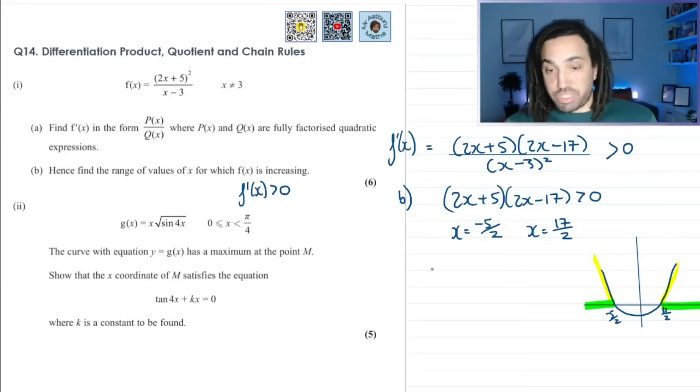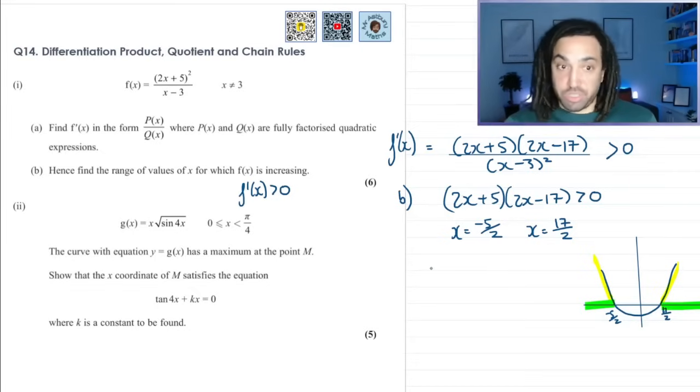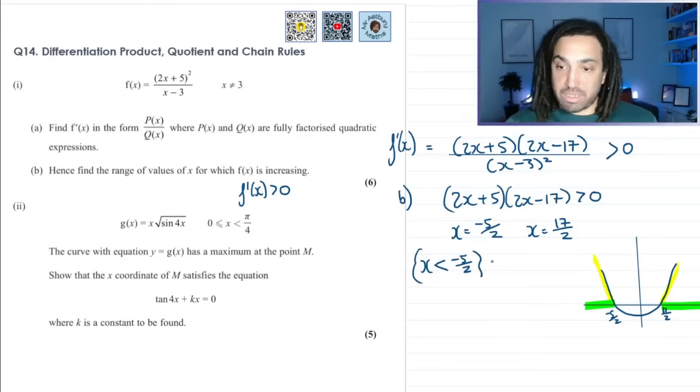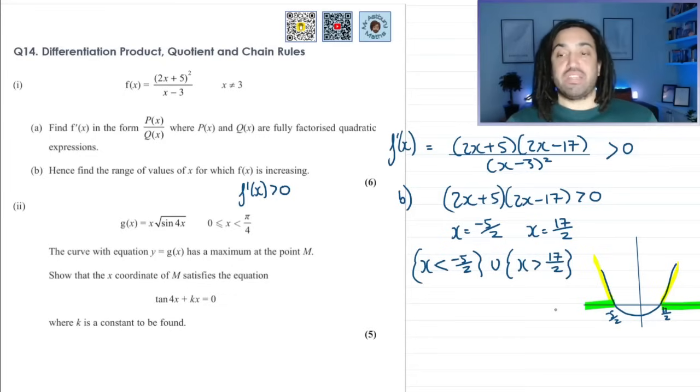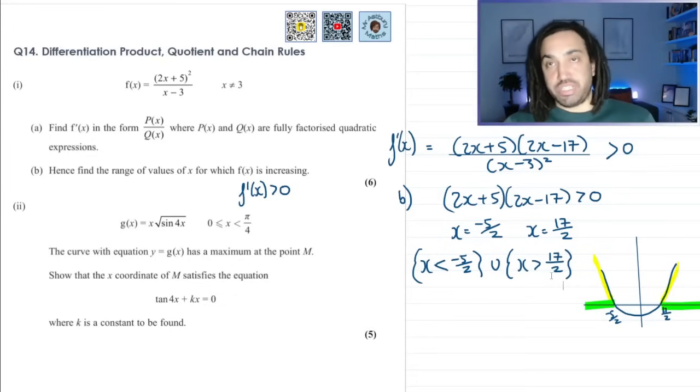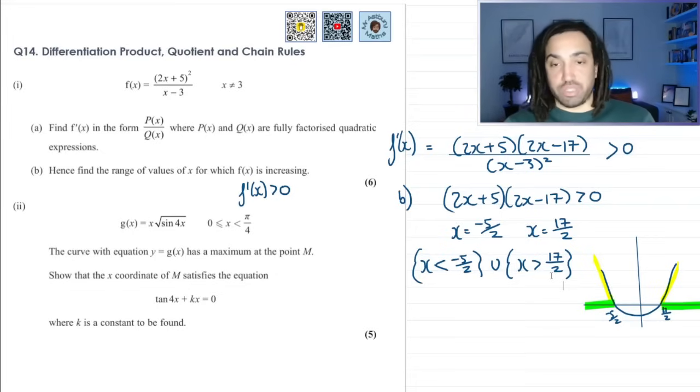So as two separate inequalities, because it's two separate regions, we write x is less than −5/2, union, so or, x is greater than 17/2. Perfect. And it can't be where the gradient is 0 because that's flat and it's not increasing, so it's just strict inequalities here.